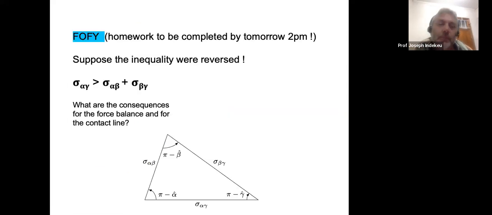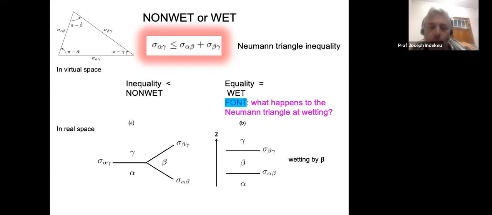Now, there is another part of the homework to be done by tomorrow. Not only are you asked to derive the Neumann triangle from the mechanical force equilibrium at the contact line, but you will be asked one more extra thing, and that is coming now. Suppose we would try to reverse the inequality that we have in the previous slide. So let's go back. Suppose we try to reverse the inequality.